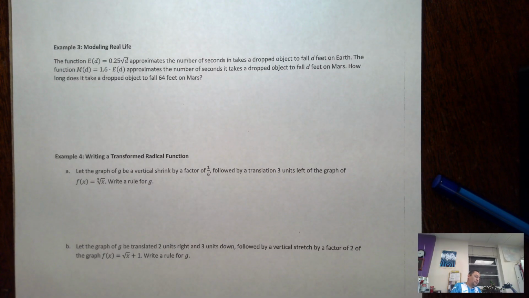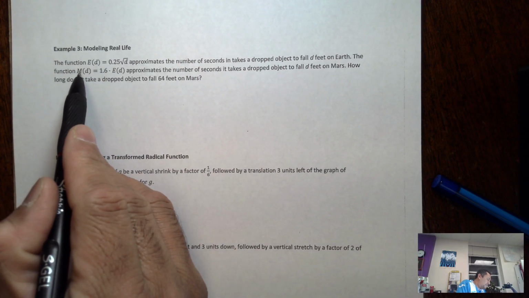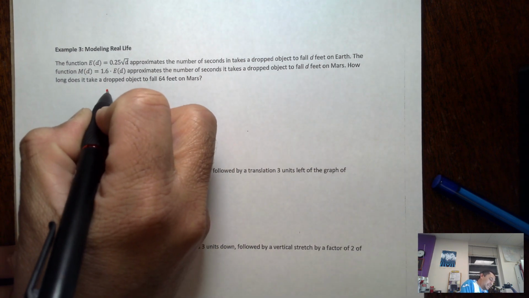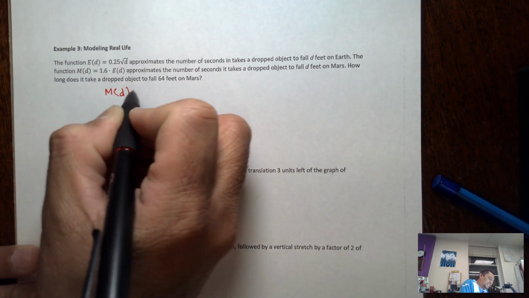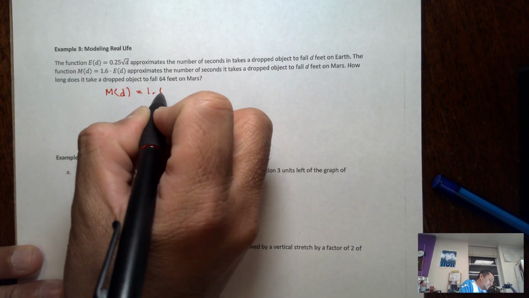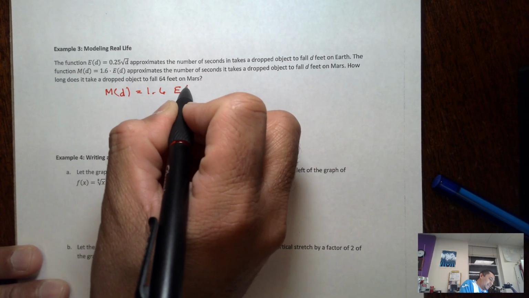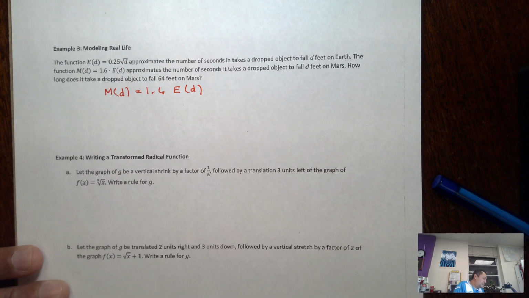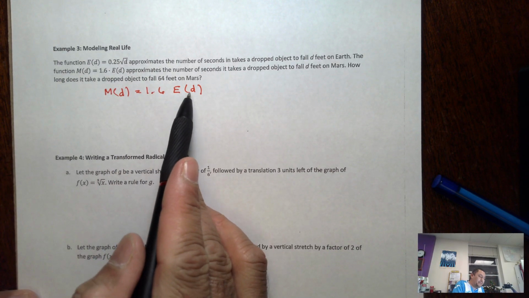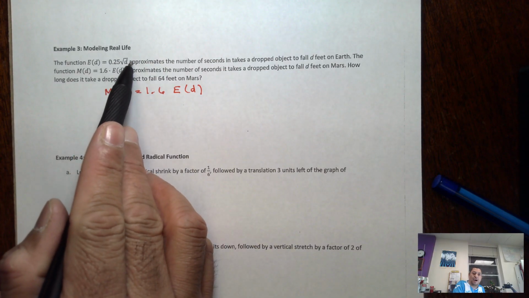I'm going to start with m of d, which equals 1.6 e of d. Now remember, what is e of d? It's 0.25 square root of d.